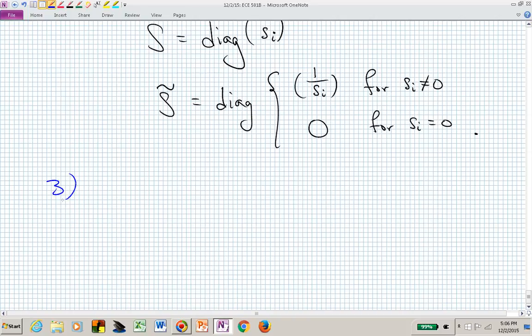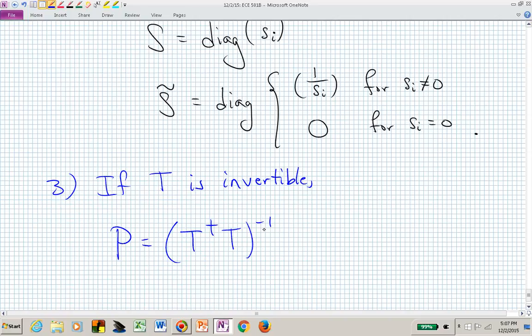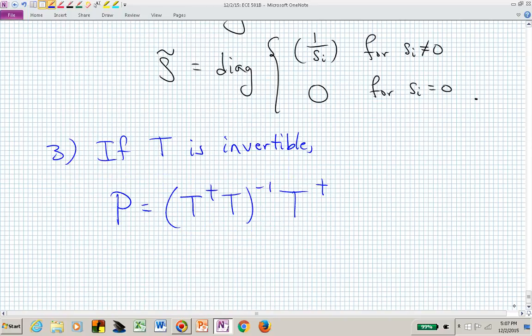The third note or comment is, let's say if T is invertible, then what happens? Well, if we look at P, that was T dagger T inverse times T dagger. If, in fact, T is invertible, what do we know about this product of T dagger T?